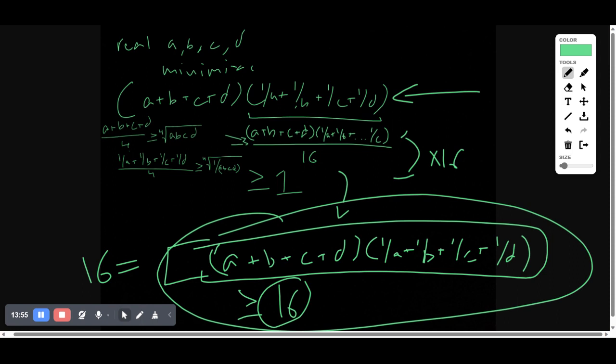Now, how could we do this with Cauchy Schwarz? I just showed you using AMGM. However, we can also dive into how we can use it during Cauchy Schwarz.